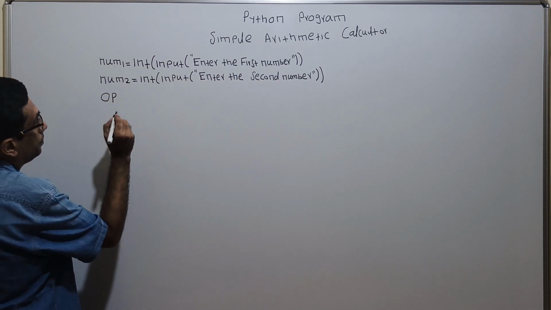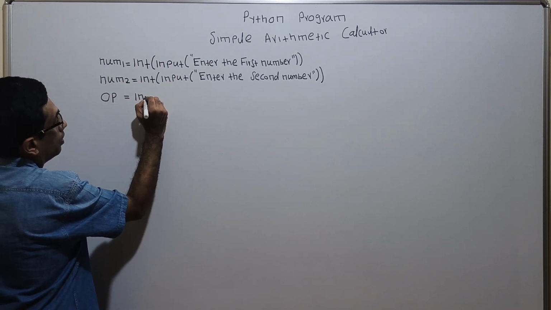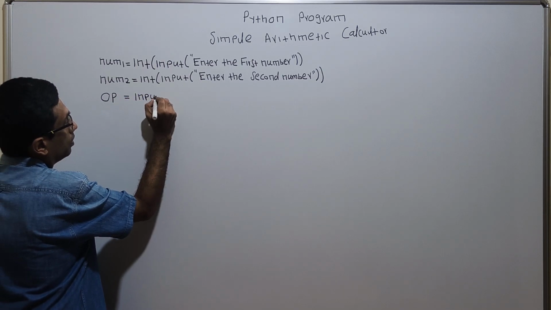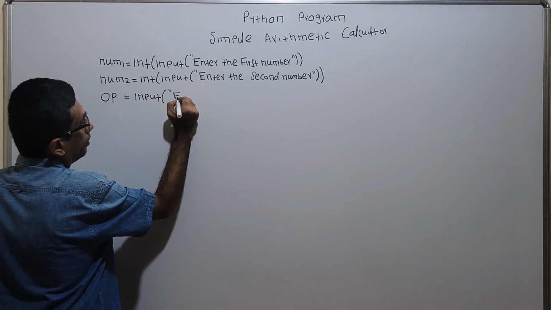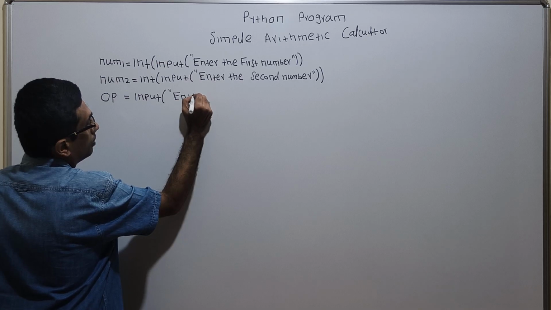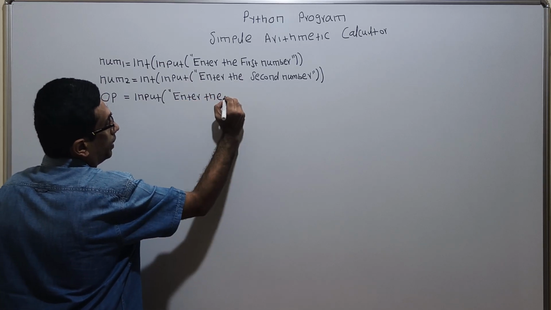Now I am going to get the operator. The variable op = input("Enter the operator").